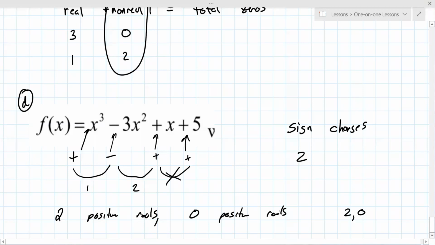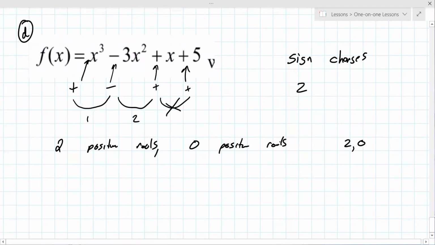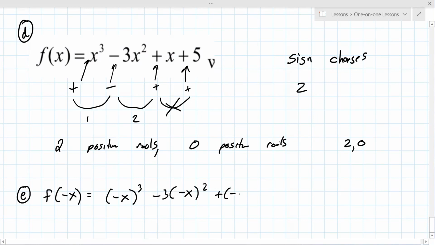Okay. Now, for E, you have to make the following change. You have to find f of minus x, which means to put minus x in for x. And then you do have to simplify. As a reminder, if it's to an odd power, it changes: if it's positive, it goes to negative, and vice versa, depending on what's out in front. And if it's an even power, there's no change. So minus x cubed becomes minus x cubed.